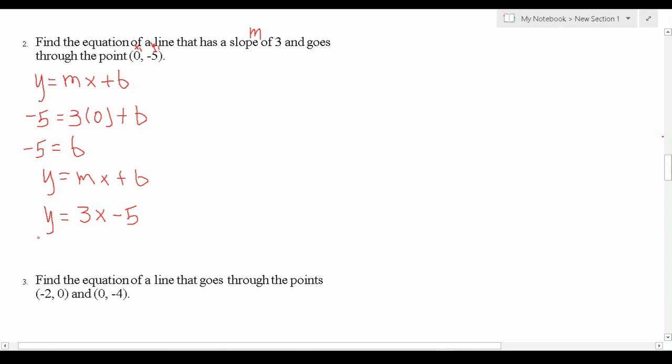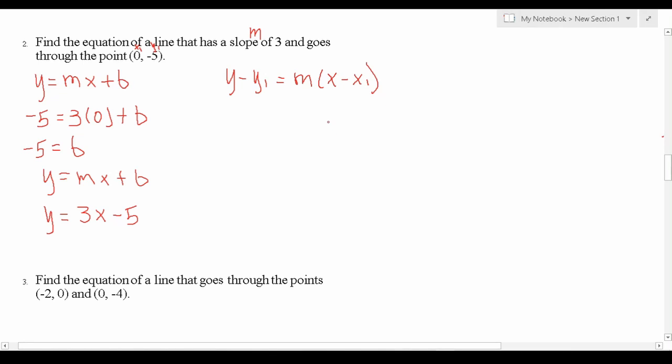The second half of number 2 says to go ahead and plug everything into the point-slope equation, which is this: y minus y1 equals m times x minus x1.